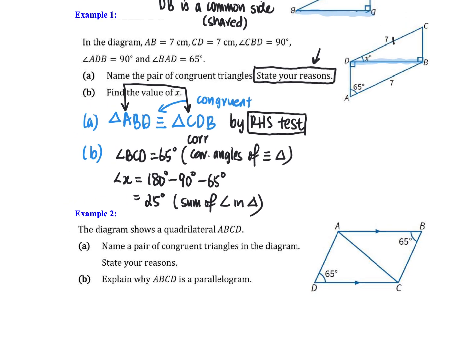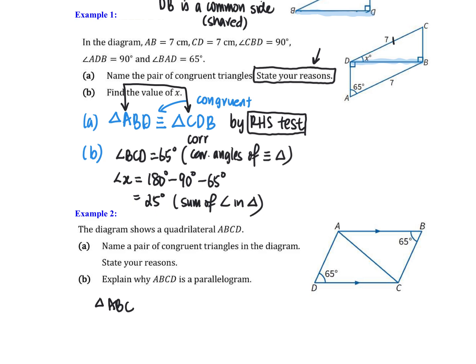Okay, got 4 more minutes, can do one more. Example 2. What are the two congruent triangles? ABC and? Okay, I have ADC, ACD, which one?